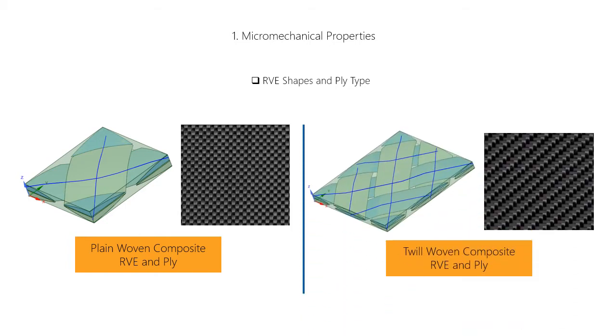Here we have the two woven composite RVEs and the ply type. We can see there are differences, especially the difference comes from the weaving type, whether it is a plain weave or a twill weave.